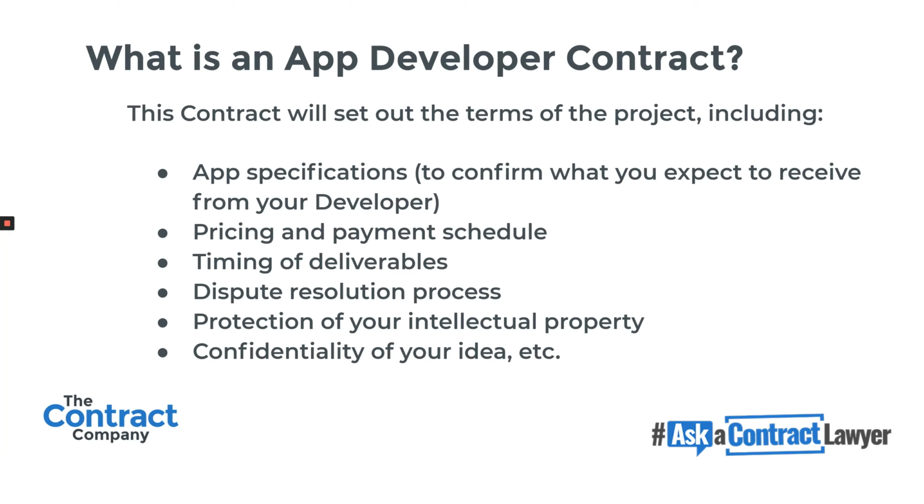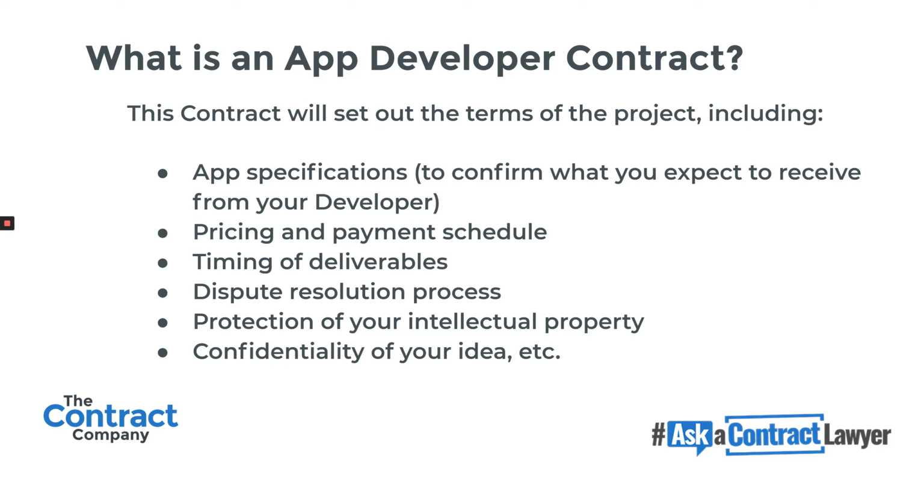However, you can overturn that by having a written agreement that basically says, whatever Mr. Developer creates for me, I own all the intellectual property rights in that creation. Now, most app developers actually agree to the client owning the IP. Their issue is they just want to get paid.